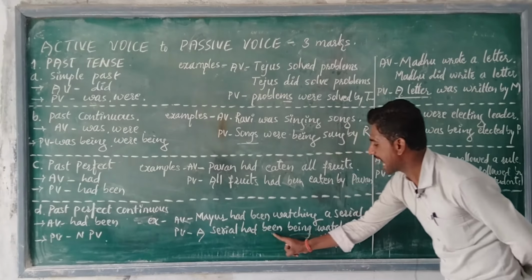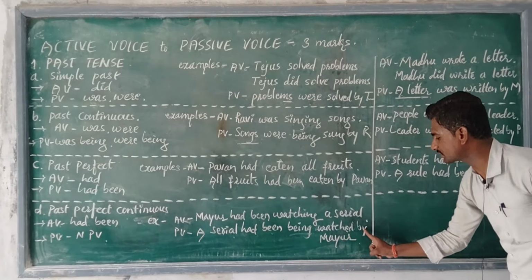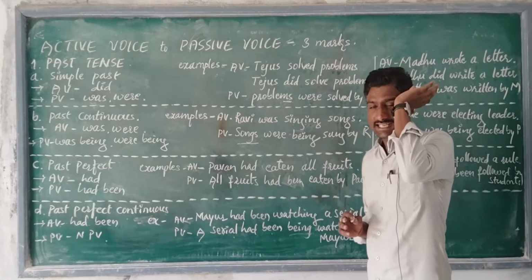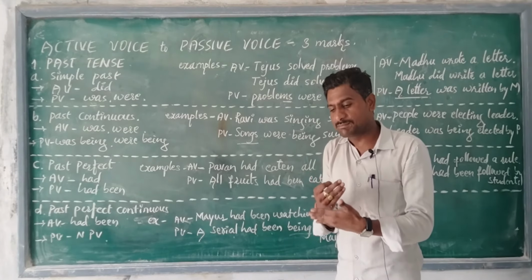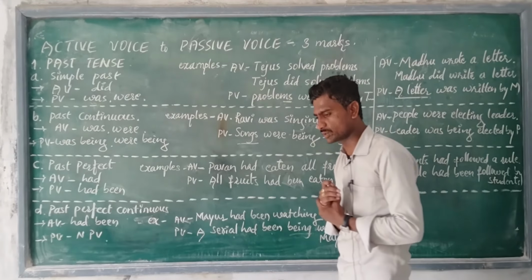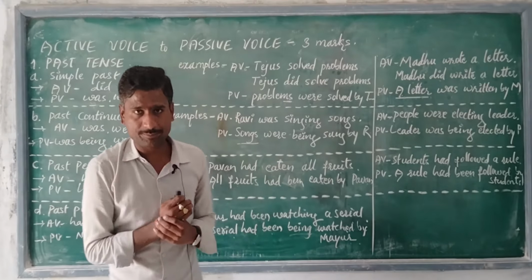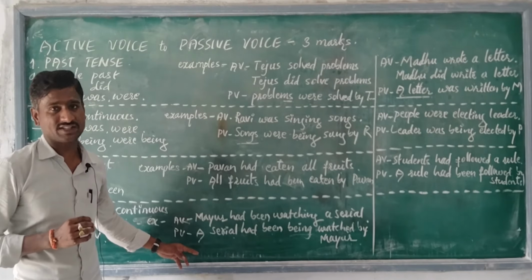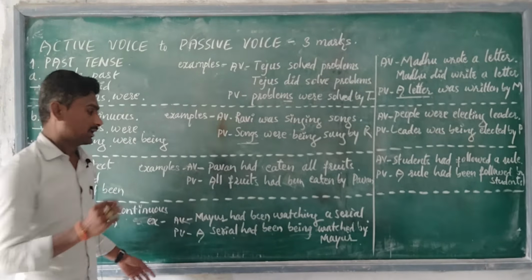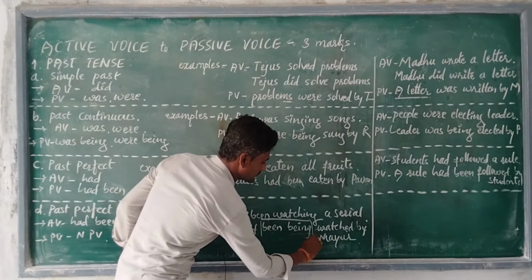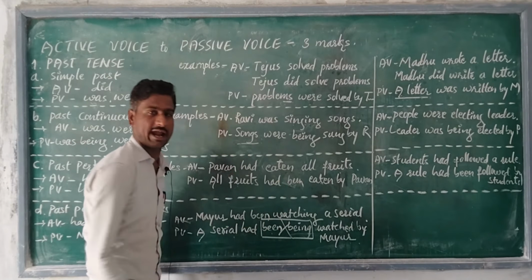A serial had been being watched by Mayur. This is an estimated sentence. My dear students, in English grammar, there is nothing possible of this kind of sentence. This kind of sentence will never be used in English grammar.